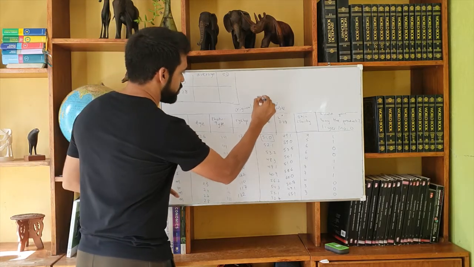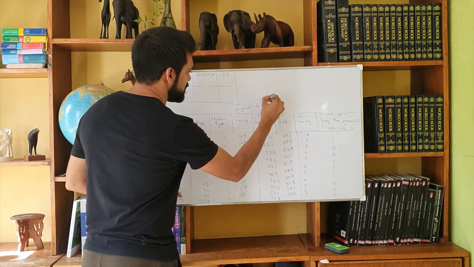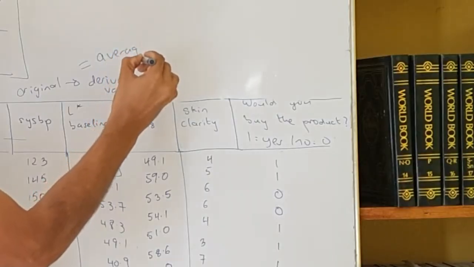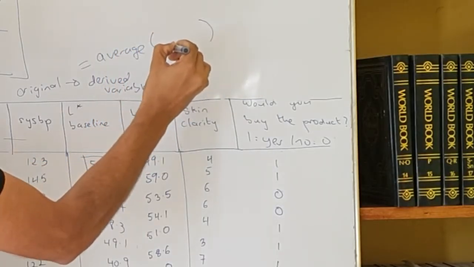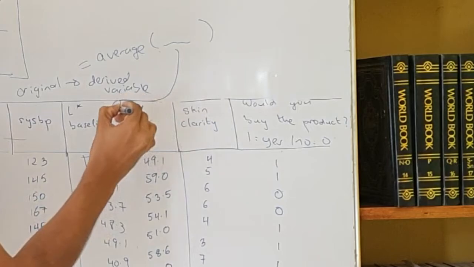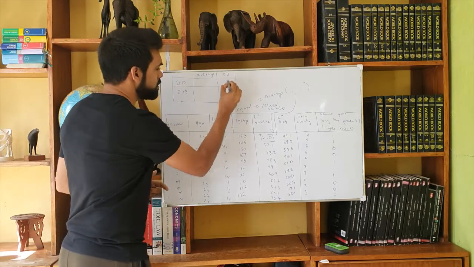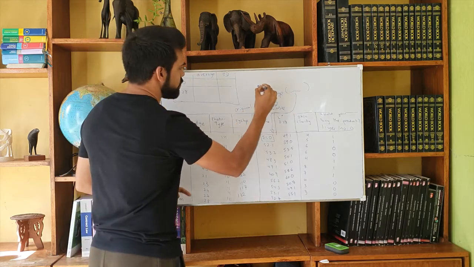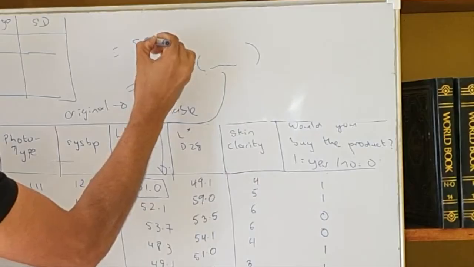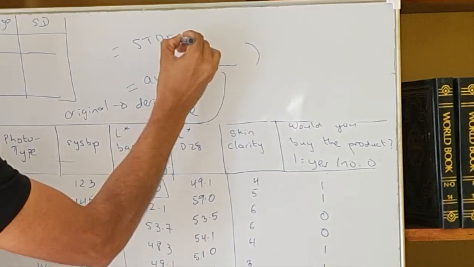For example, here, if you use the function equals to average of all these, you are going to get the simple average here. You can also use the function equals to standard deviation.